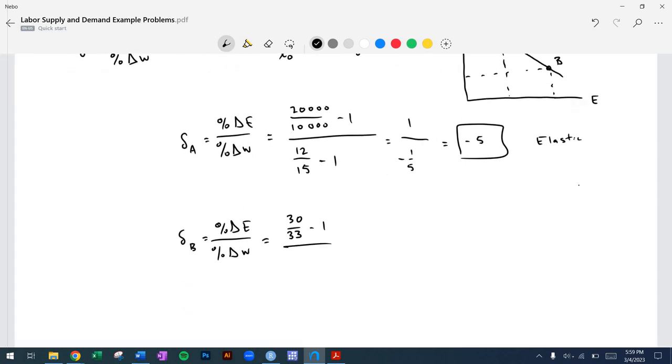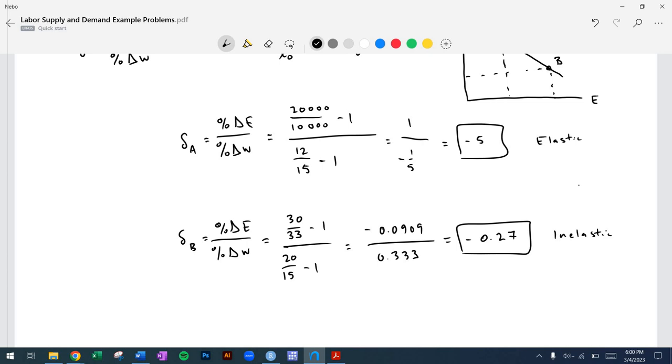The associated wages were 20 and 15. If we calculate that, that'll give us 0.0909 repeating over 1/3. Finalize that calculation, and you should end up with 0.27. So this is less than 1. The absolute value is less than 1, so this would be inelastic.